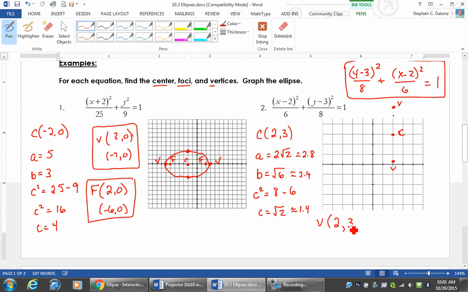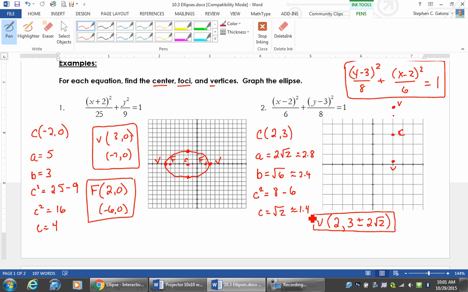Because that's the center. We started at 3, and we went up 2 radical 2, and we went down 2 radical 2. So you write that by saying plus and minus 2 radical 2. And those are your 2 vertices. Does that make sense? Do y'all catch that?